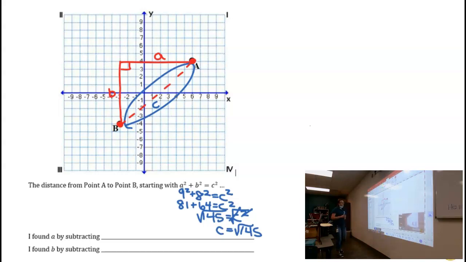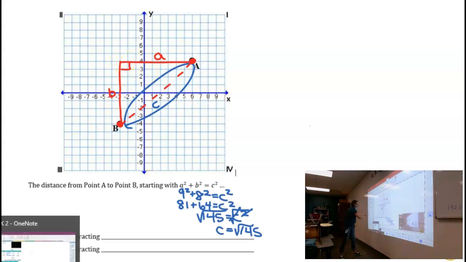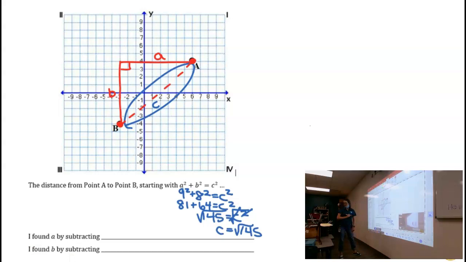So the way that you found a, distance a, was just by counting, right? You found it by counting the x values. So you were counting sideways. So I found it by counting or subtracting the x values.